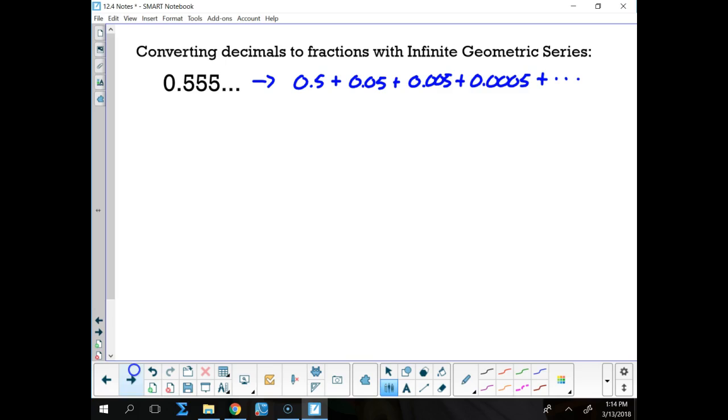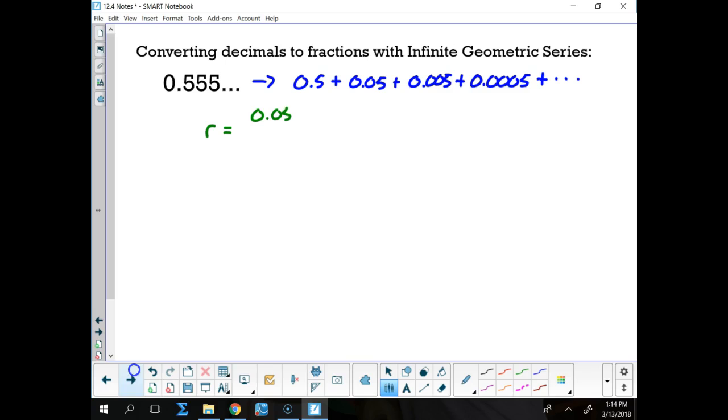What would the R value be of this series? 1/10? Because you take any term and divide it by the term right before it, right?